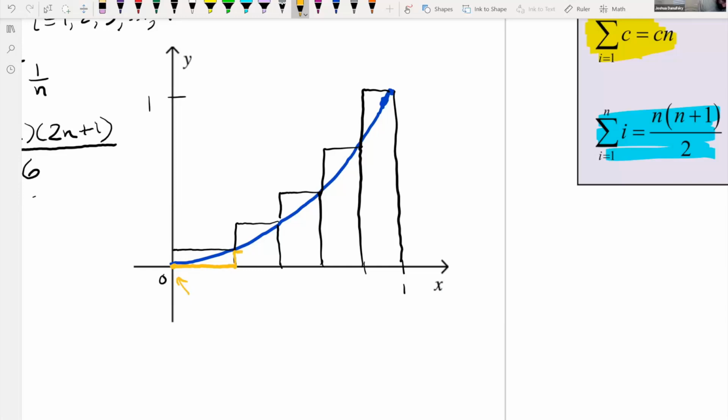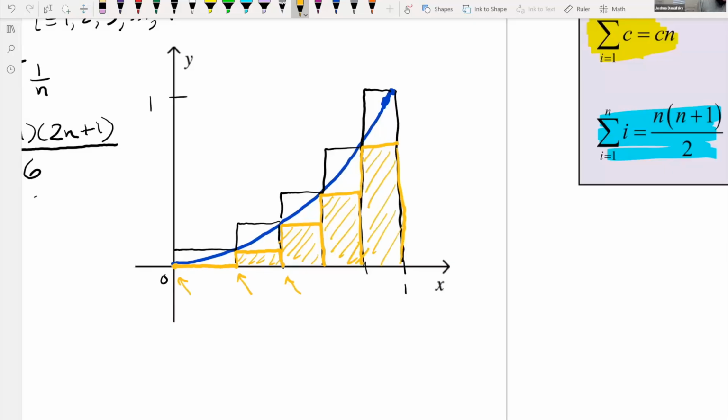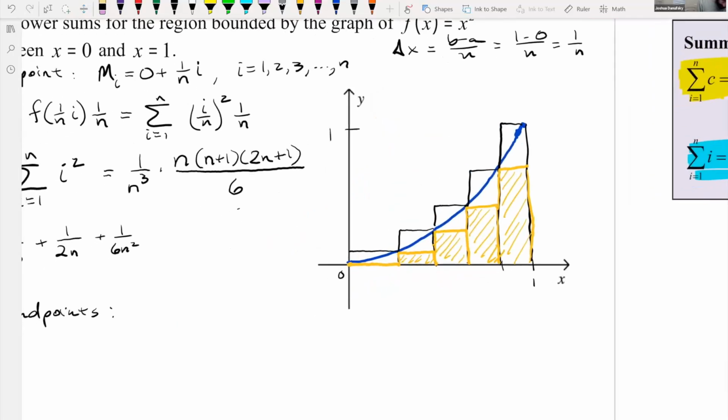Then here we have our second rectangle using our left endpoint. Here we have our third rectangle, right? And the left endpoints are the smallest f of x value on that entire interval. And that's how we get our lower sum using the left endpoints, because the sum of these rectangles will be the lower sum.